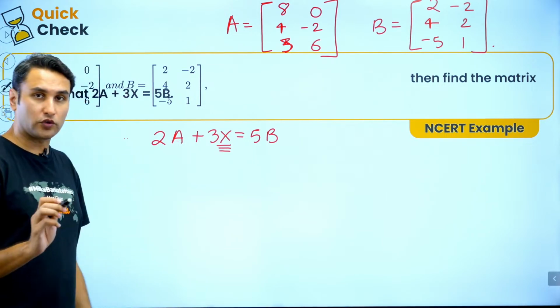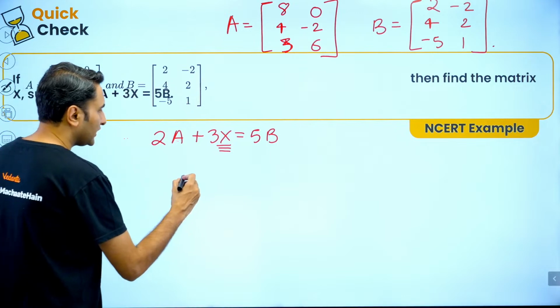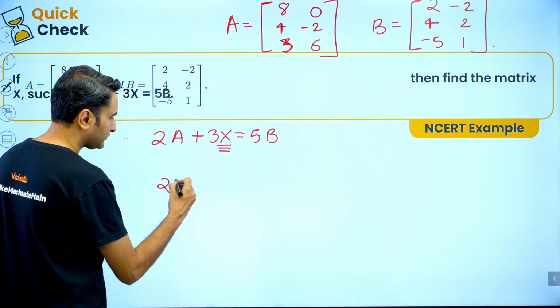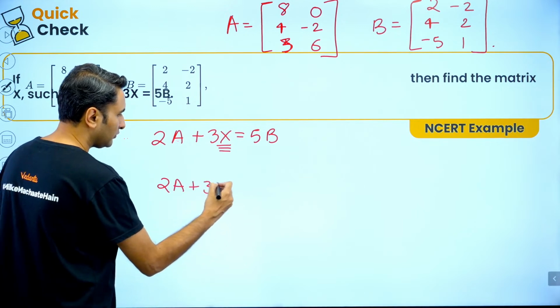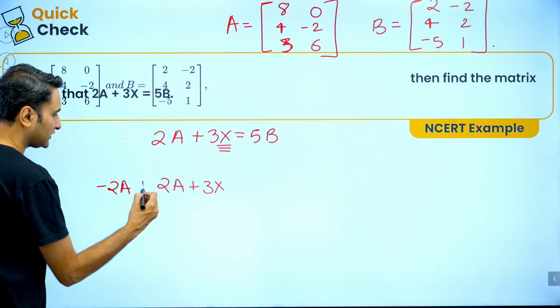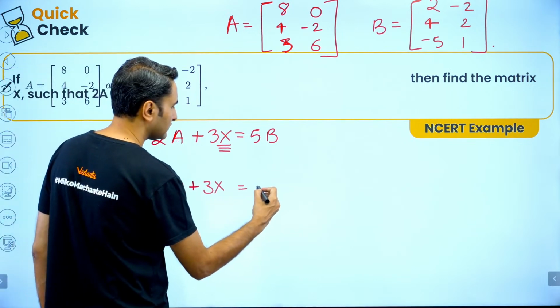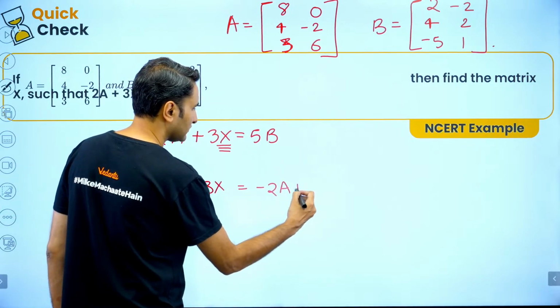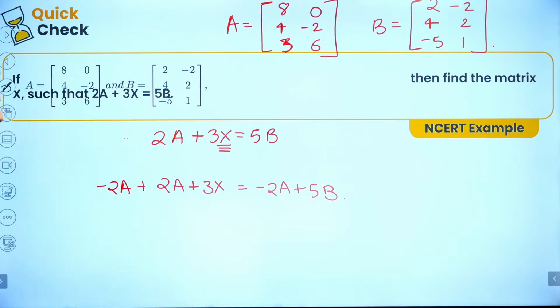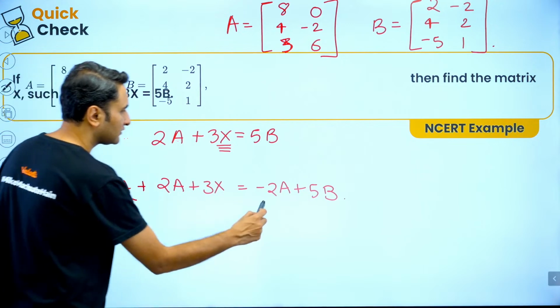So actually what we are doing step by step is, can I add minus 2A to both the sides? So 2A plus 3X, I am adding minus 2A on both the sides. Can I do that? I have added minus 2A on both the sides.